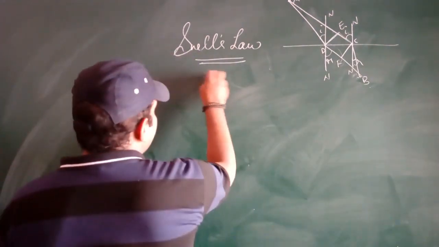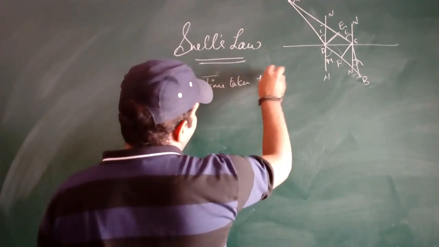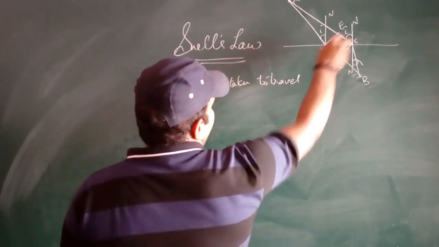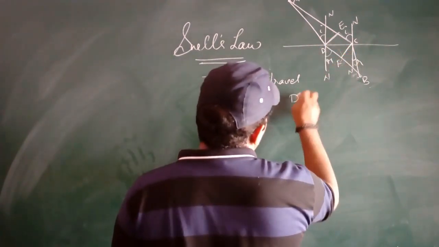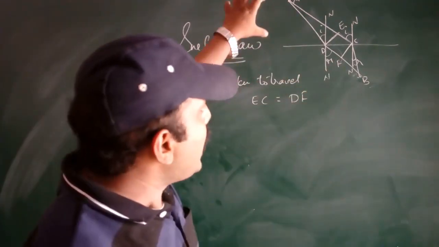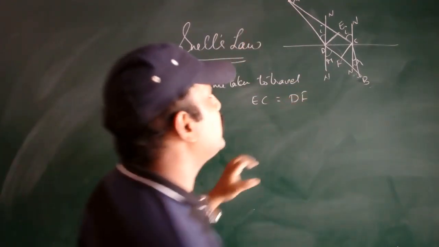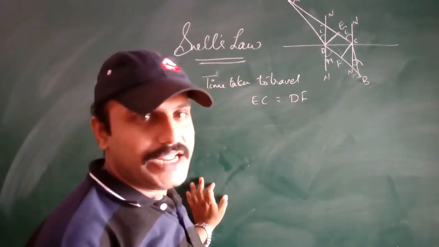As it takes similar time to travel ACB and the same time to travel ADB, the time taken to travel EC will be equal to the time taken to travel DF.